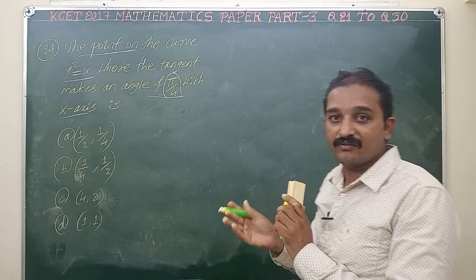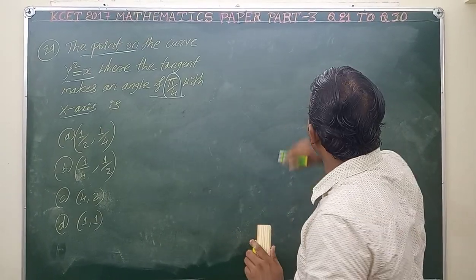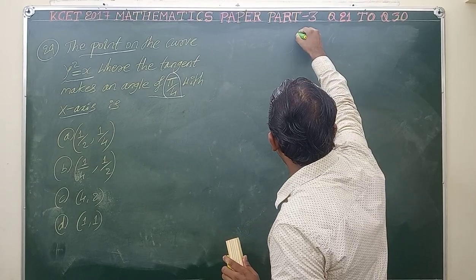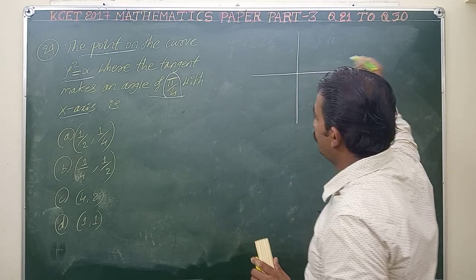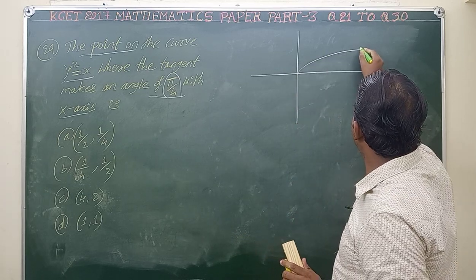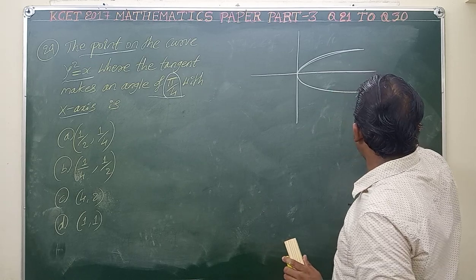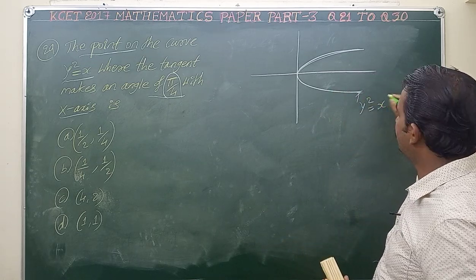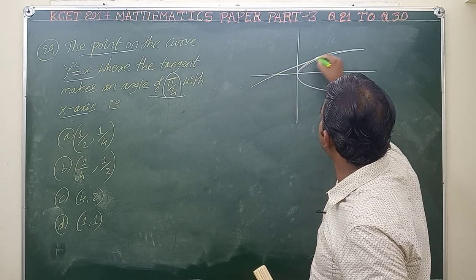So draw the rough figure of this question. Parabola in positive x-axis direction, simple. Y square is equal to x, and this is the tangent to the curve.